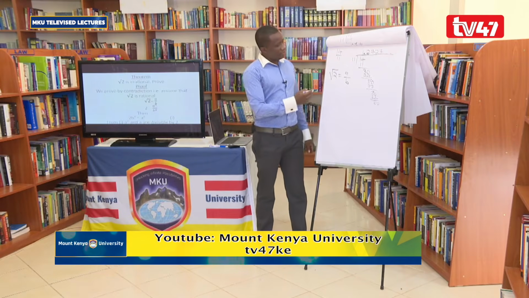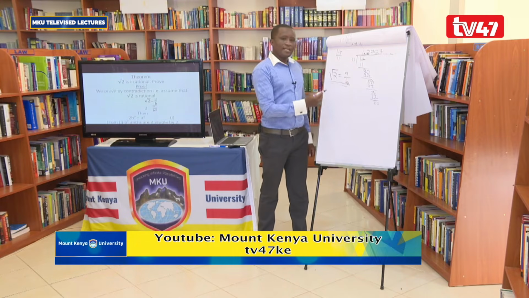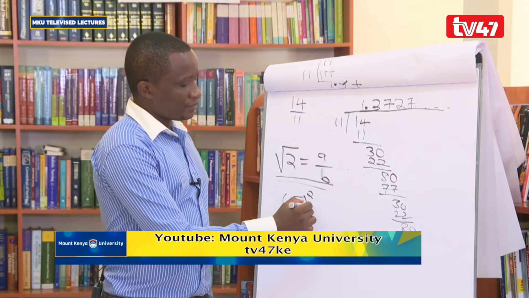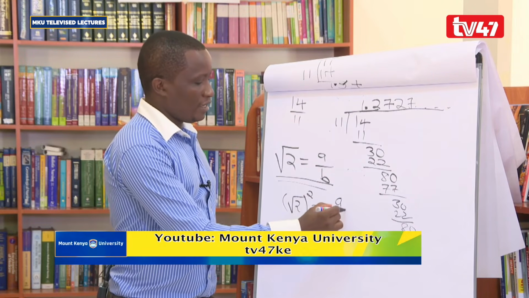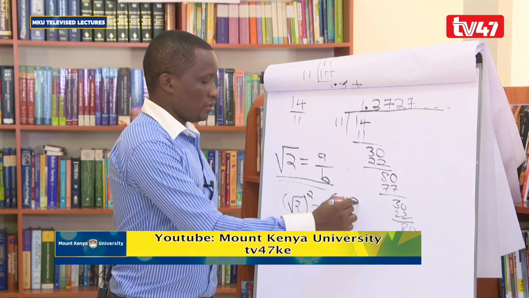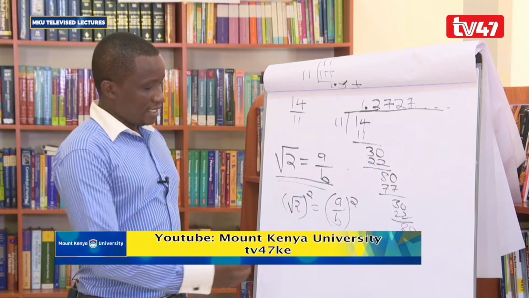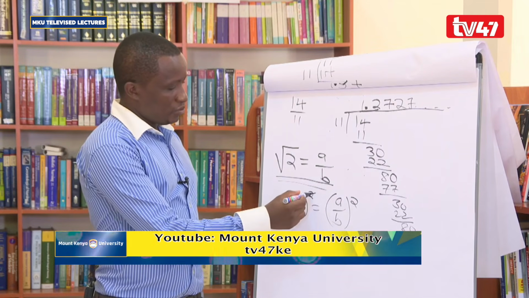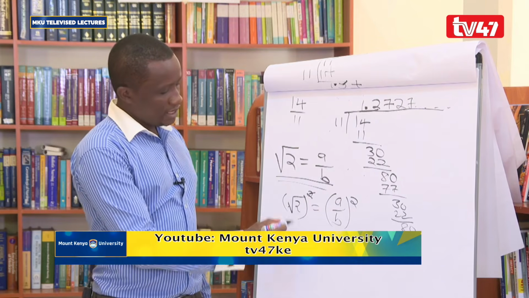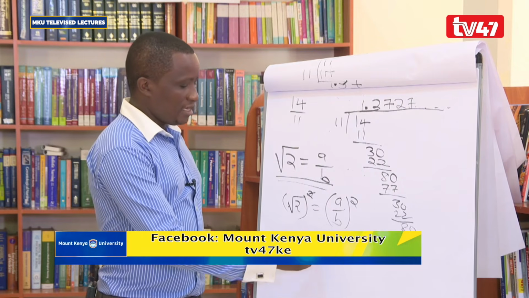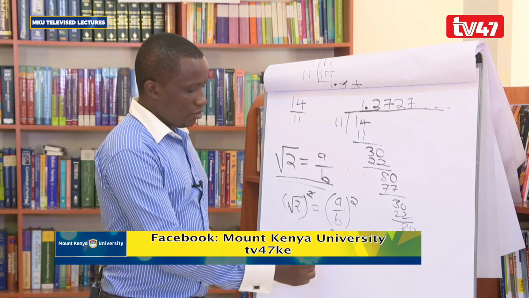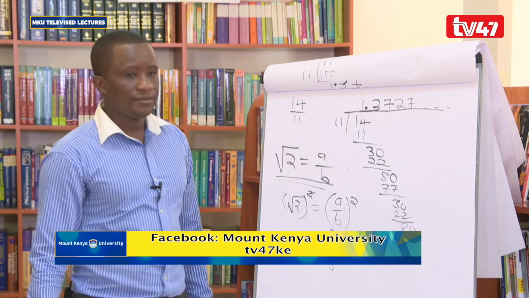Now, let's square both sides of this equation. That will mean that we have the square root of 2 squared being equal to a over b squared. So this root cancels with this square, so that we have a 2. Then this is a squared all over b squared.